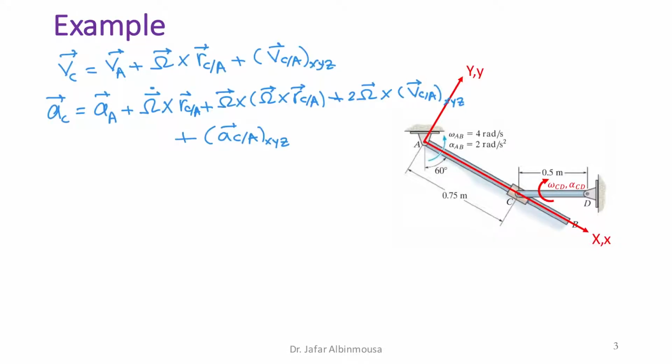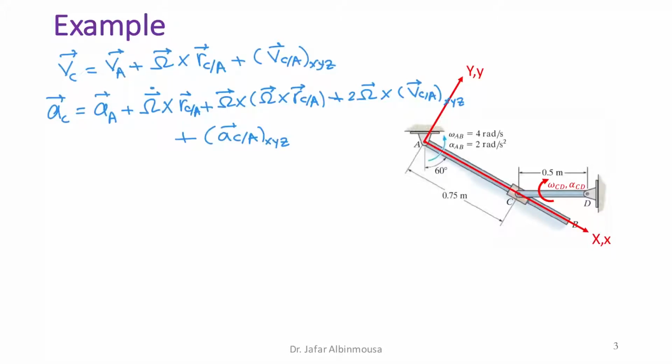What we did differently is that I attached the fixed frame of reference to AB at this instant, so it will not rotate with it. It is fixed, but it is initially oriented this way.